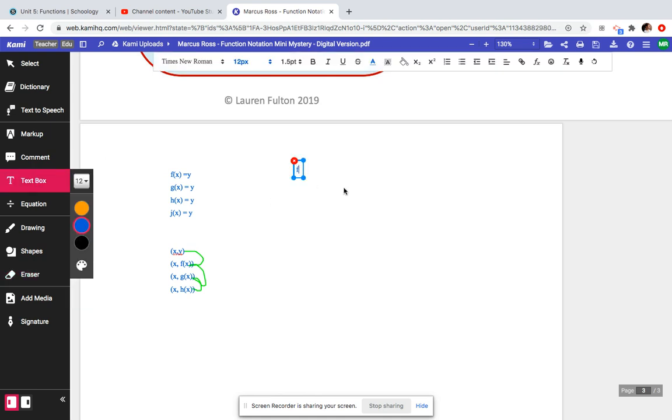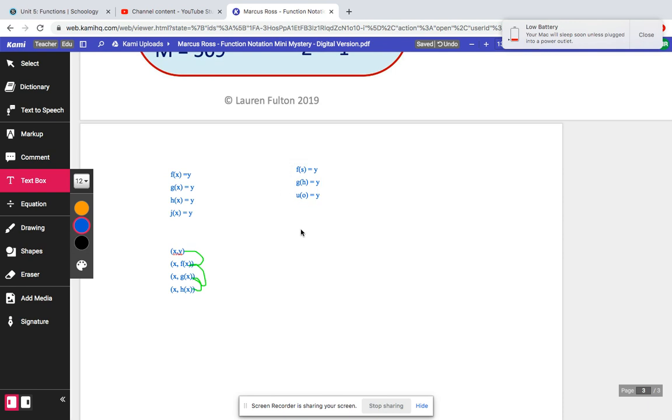Let's say we had f of s or g of h or u of o. All of those are still going to equal my y, right? So it doesn't matter what your variables are, that f of s or that g of h or that u of o is always your y.